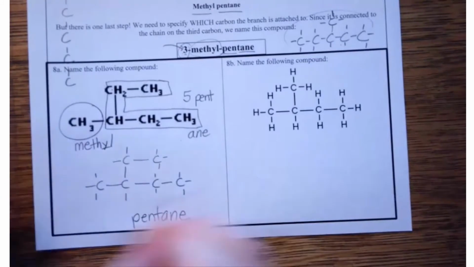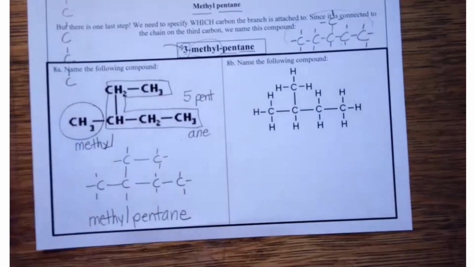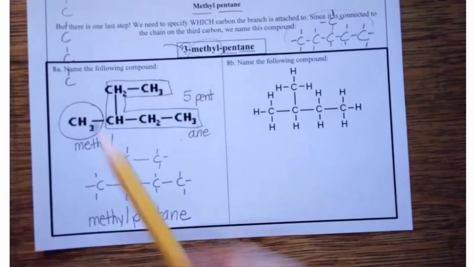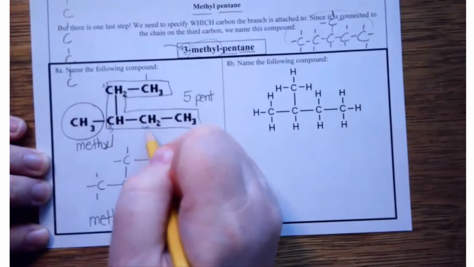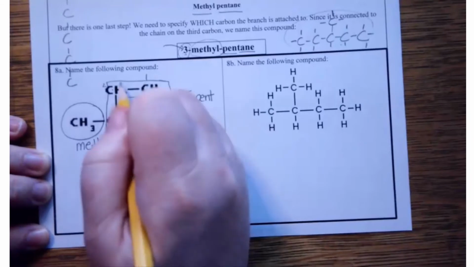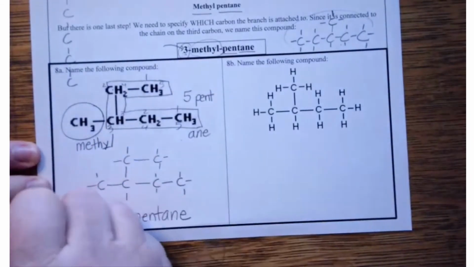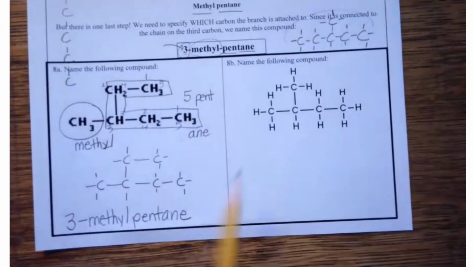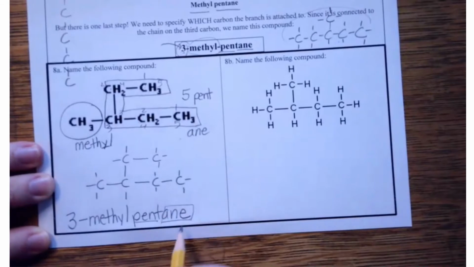I can't just say methyl pentane. I can't just say go to Franklin Street. I got to say where. I got to give an address, right? So I had to figure out what number. I could number it 1, 2, 3, 4, 5, or 1, 2, 3, 4, 5. What do you notice? No matter what, it's on 3. So my address is 3-methylpentane. I have 5 carbons in a chain with all single bonds.